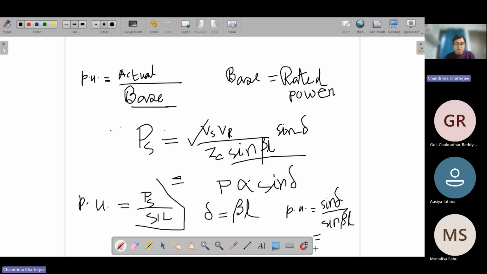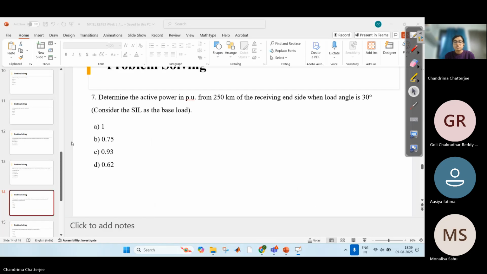So sine 30 divided by sine 53.77 comes out to be 0.6198. Okay. So option D is the correct option.